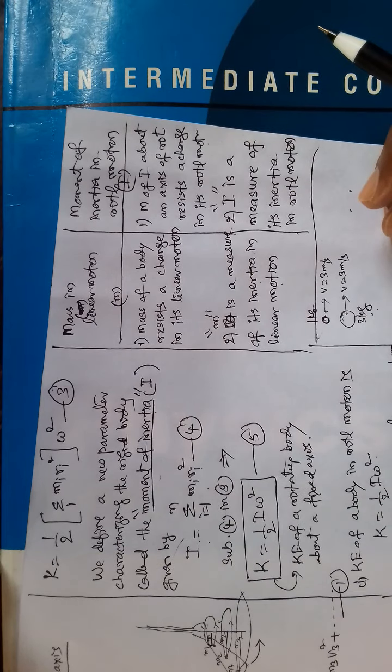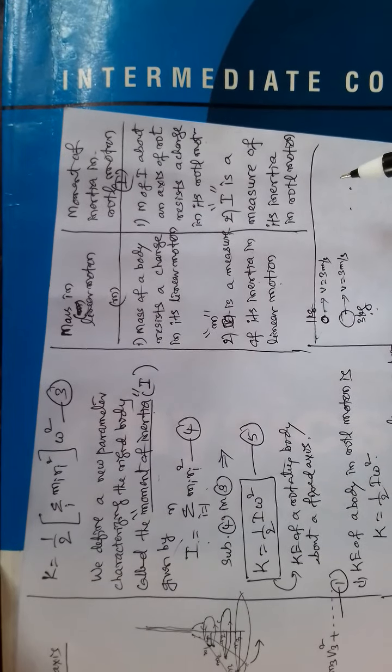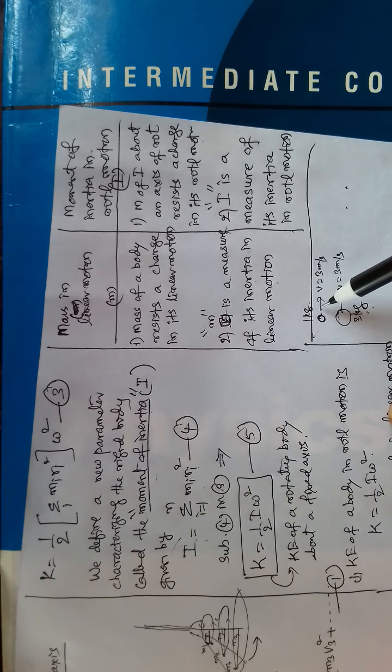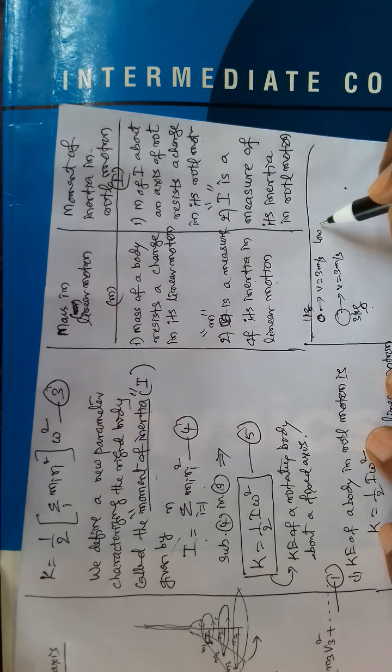So here, considering these two particles, this is having 1 kg mass, this is having 3 kg mass. So lower the mass, lower will be the inertia, low inertia.